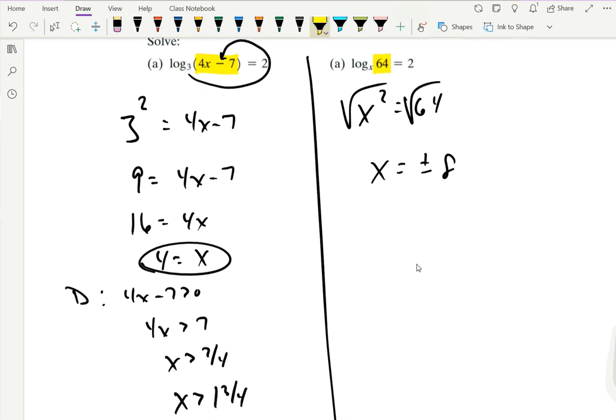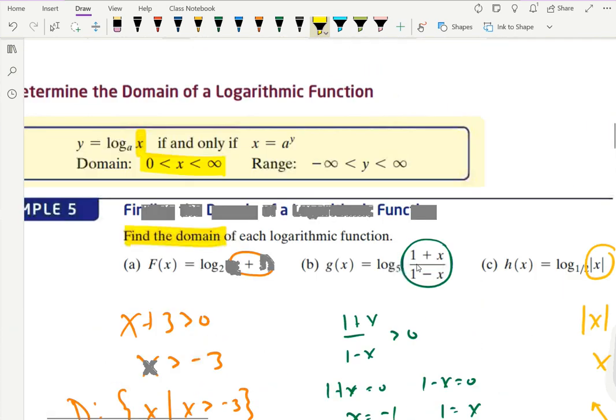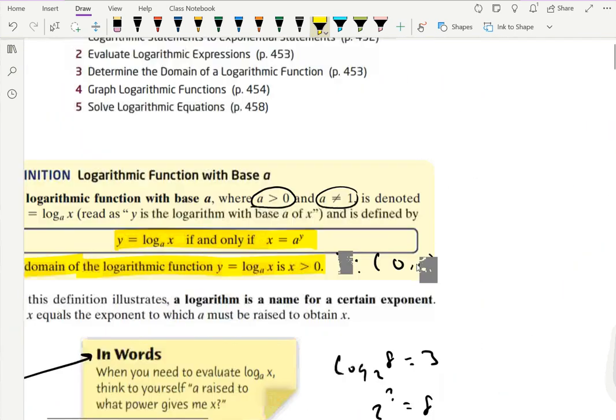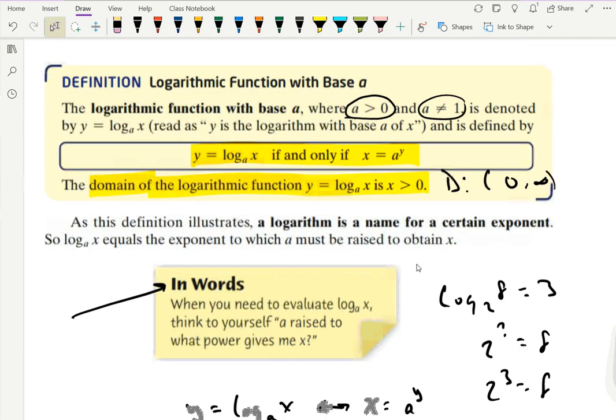But one of the items that we caveat is whatever our base is. Let's go back up to the very beginning. Our a value says we have a base of a with x. Did we have any restrictions on a up in here?